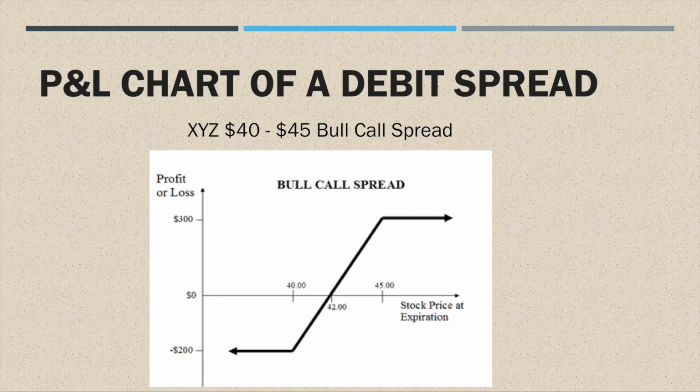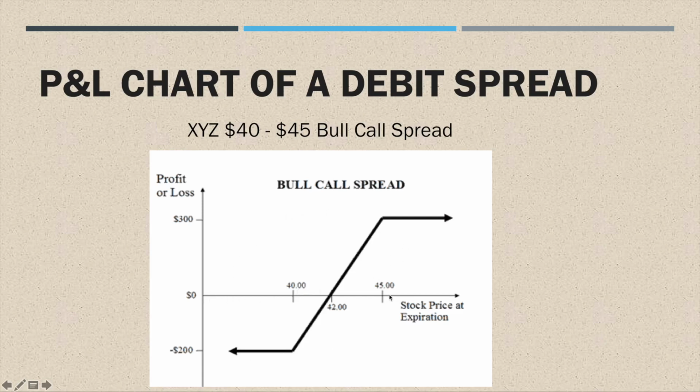So in this example, let's pretend the stock is XYZ, and when the stock was trading at $40, I bought a 45 bull call spread, which means I bought a 40 call and sold a 45 call at the same time. Now, the P&L chart of a bull call spread looks like this.